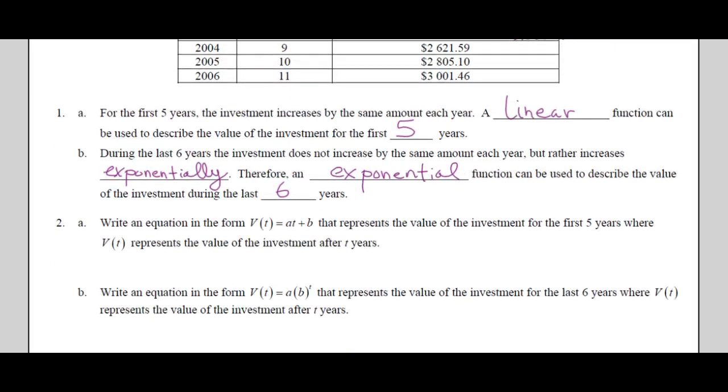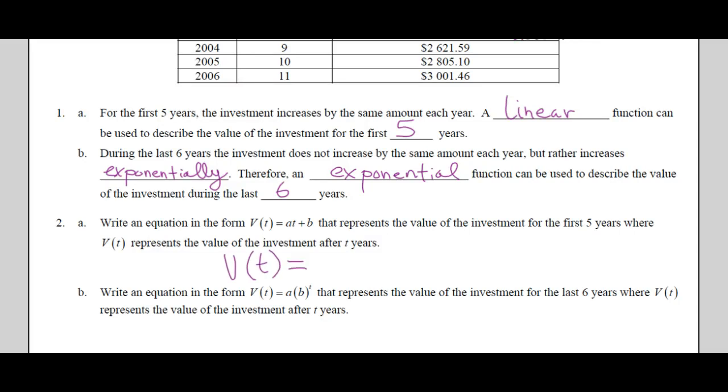So write an equation in the form v of t, well, they should say a function, that represents the value of the investment for the first 5 years, where v of t represents the value of the investment after t years. Okay. So what is v of t?